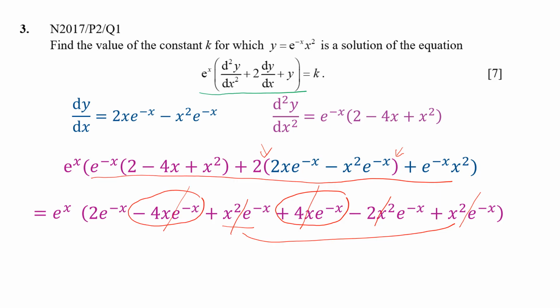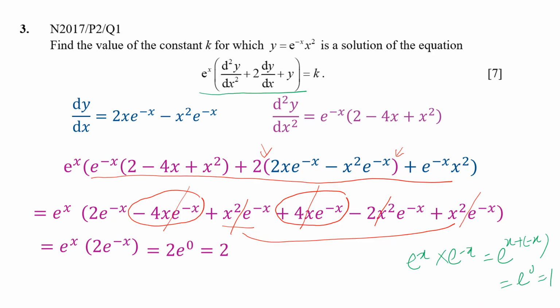Then e to the power of x times e to the power of negative x: remember, e to the power of a plus b, so it's just x plus bracket negative x. So that gives you e to the power of 0, and that gives you 1. So you end up just getting 2. So therefore, k is equal to 2. Okay, so this is how you do it.